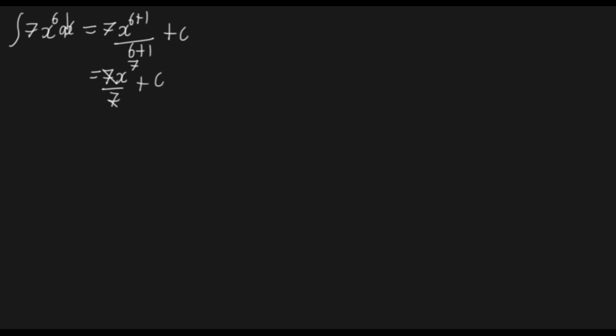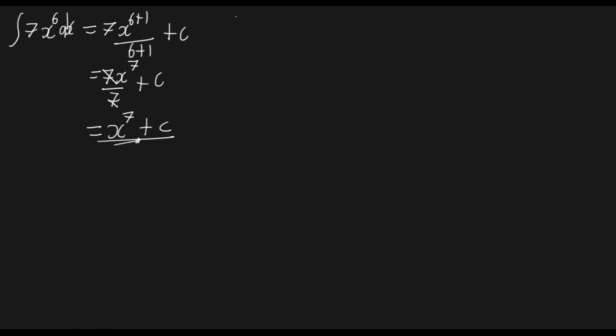We can cancel here, and we have x raised to the power 7 plus c. If you want to check if your answer is correct, you can try to differentiate it. If we differentiate x raised to the power 7 plus c, it has to take us back to 7x raised to the power 6.